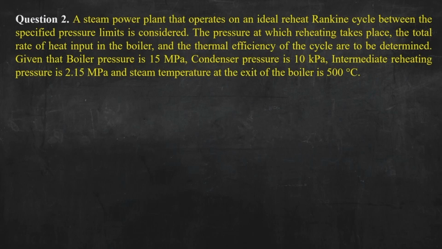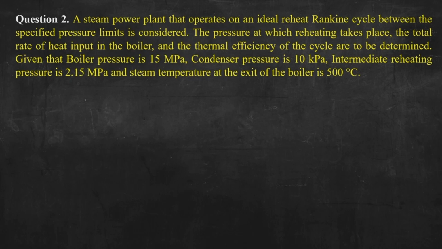It is given that a steam power plant operates on an ideal reheat Rankine cycle between the specified pressure limits. The pressure at which reheating takes place, the total rate of heat input in the boiler, and the thermal efficiency of the cycle are to be determined.